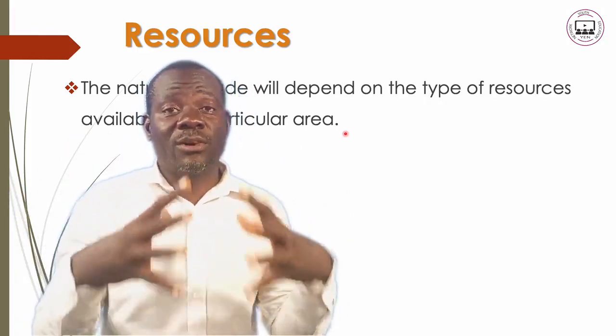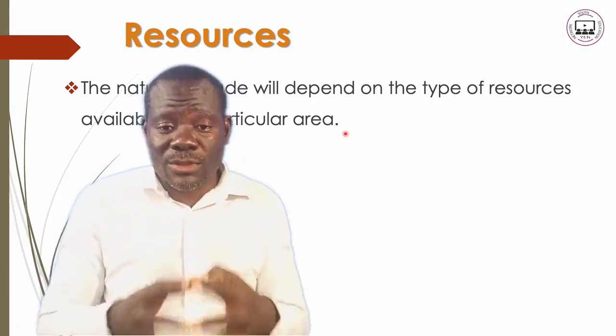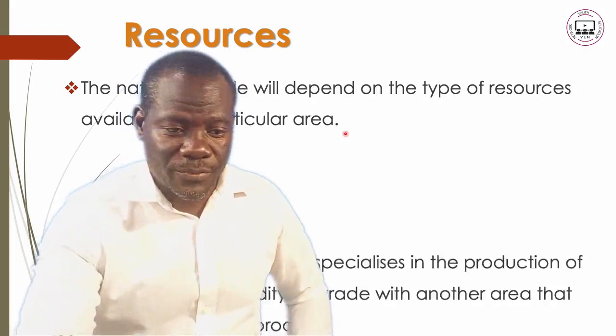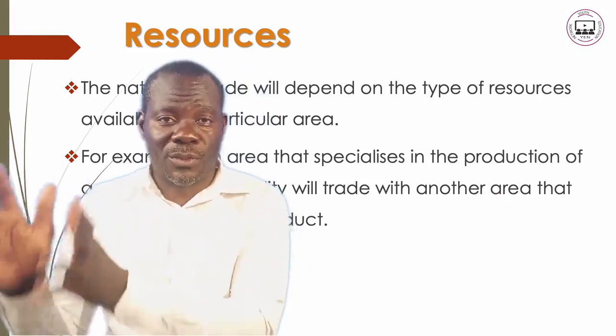So the nature of trade will depend on the type of resources that are available. For example, an area that specializes in the production of a particular commodity will trade with another area that does not have that product. I was mentioning fish for the people along the lake.